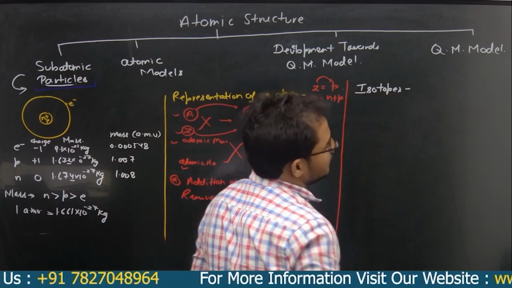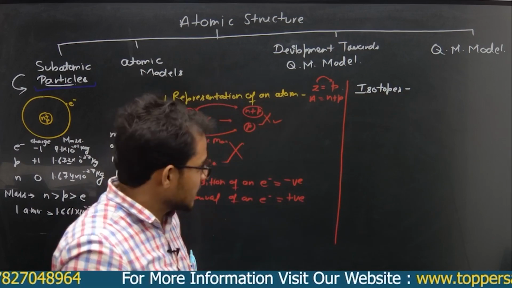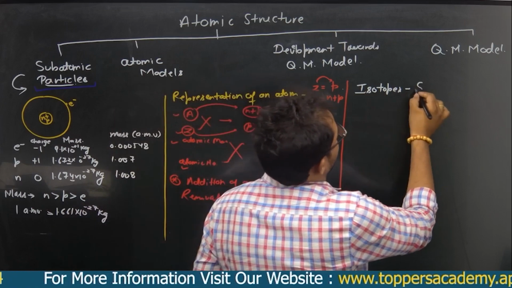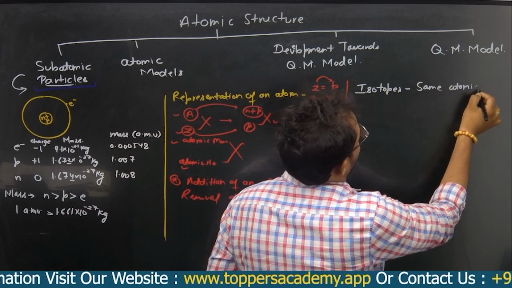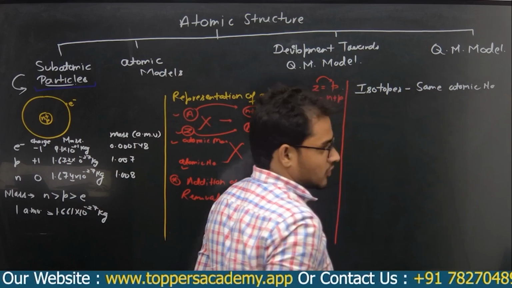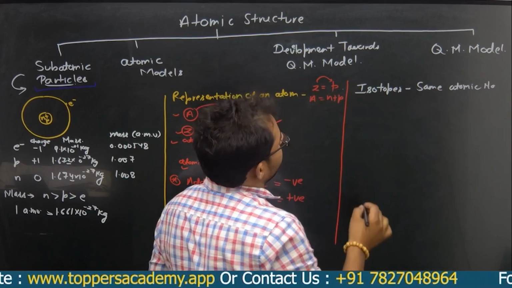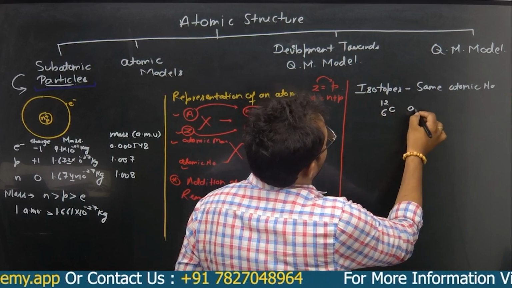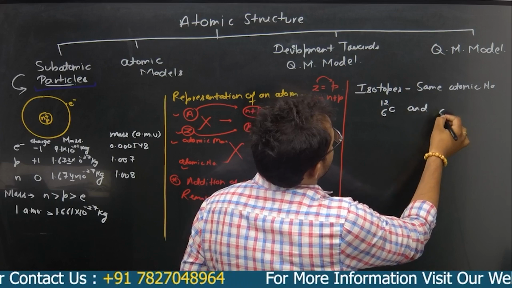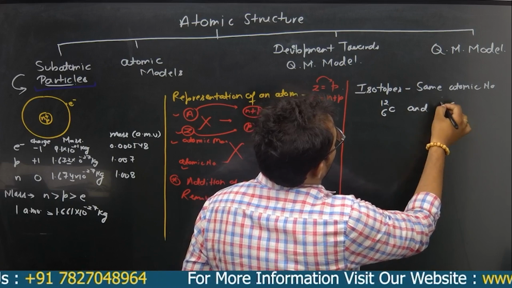What are isotopes? Those which have the same value of atomic number. Same atomic number. For example, 6C12 and 6C14.